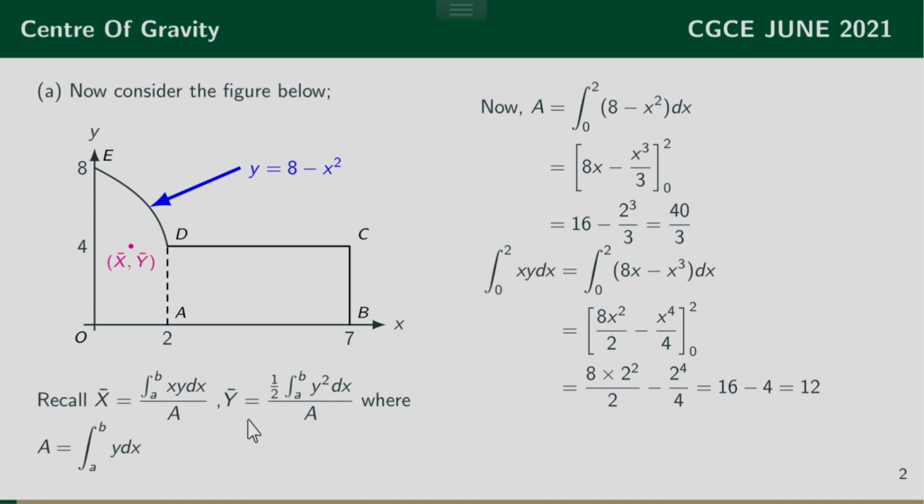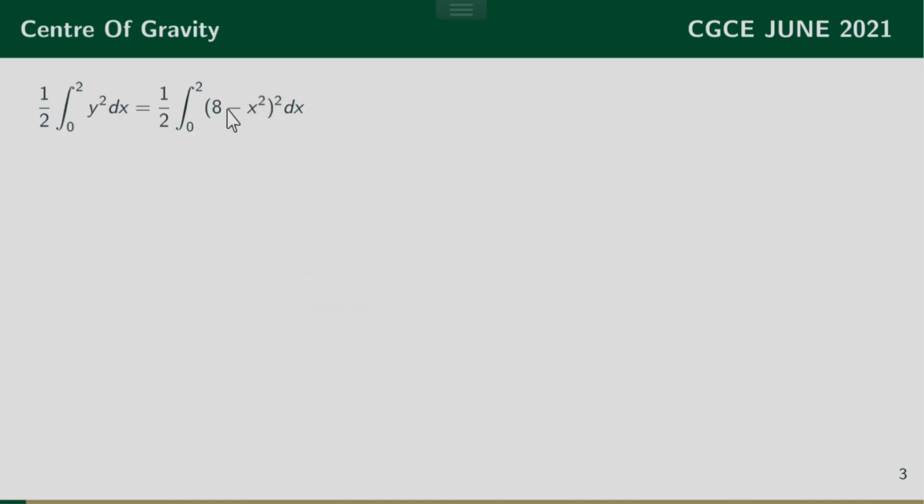So the last component we have to look for is half of the integral of y squared with respect to x. Squaring this function will give you 64 minus 16x squared plus x raised to the power 4. You can expand that and verify to confirm that this is of course the result.